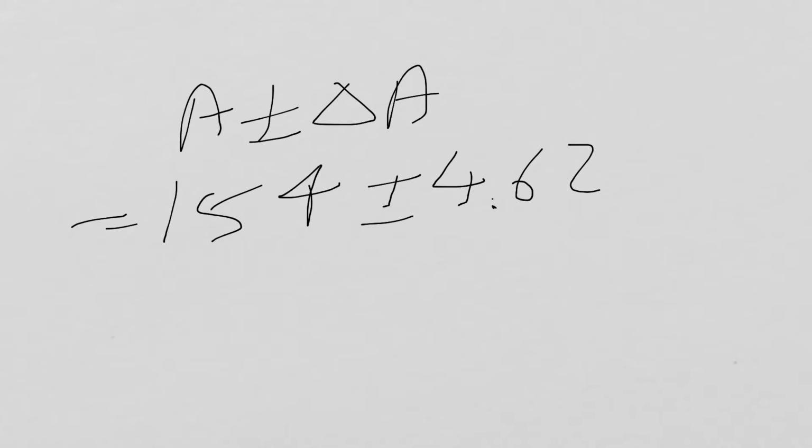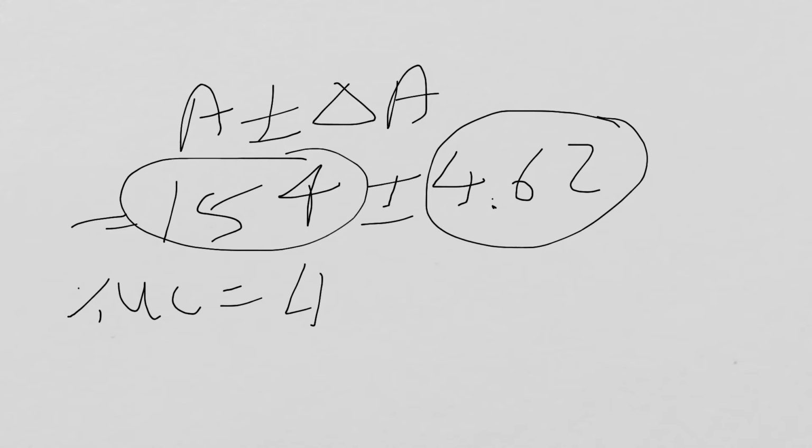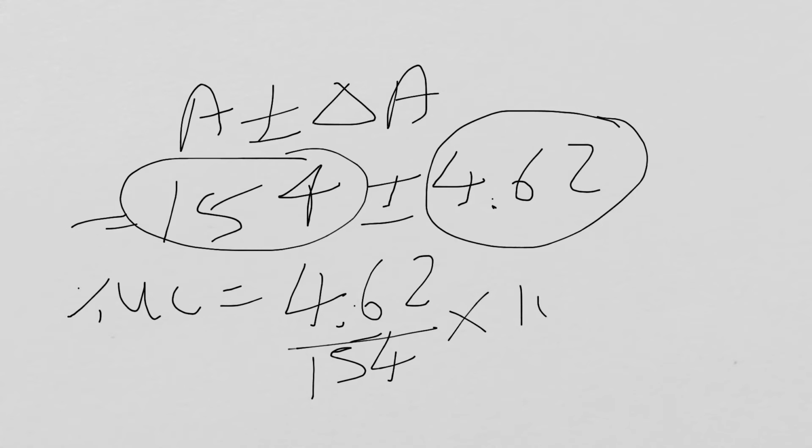So this is how we write. Now if you want to find the percentage uncertainty, what you have to do is take this in the numerator and this in the denominator: 4.62 in the numerator divided by 154 in the denominator, into 100. So it will come to 3%.